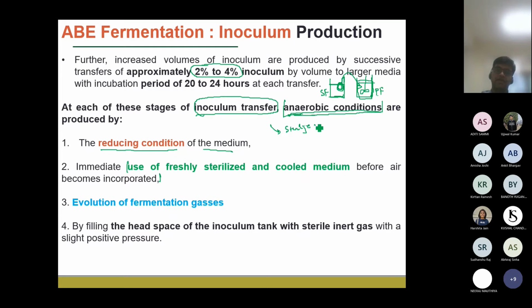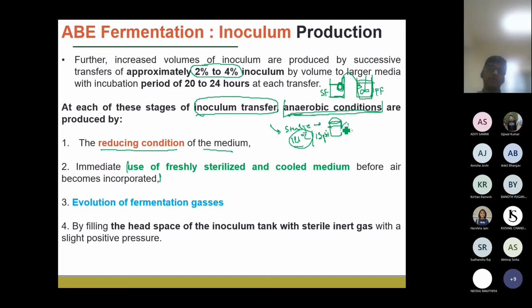Sterilization, or autoclaving, generally takes place at 121 degrees Celsius and 15 psi. Once the autoclaving is done, we keep it open and cool it down to room temperature.